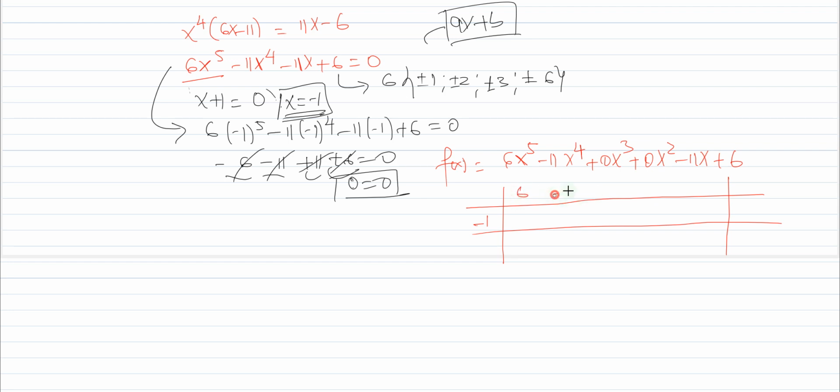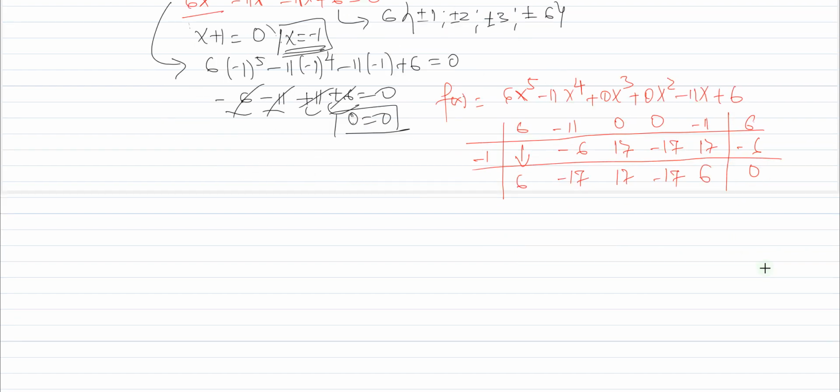So this is 6, minus 11, 0, 0, and then minus 11, and here the term with no x, 6. We bring down the 6, multiply to get minus 6, add to get minus 17, multiply to get plus 17, add to get plus 17, multiply to get minus 17, add to get minus 17, multiply to get plus 17, add to get 6, multiply to get minus 6, and the remainder is 0. So this is a perfect division.